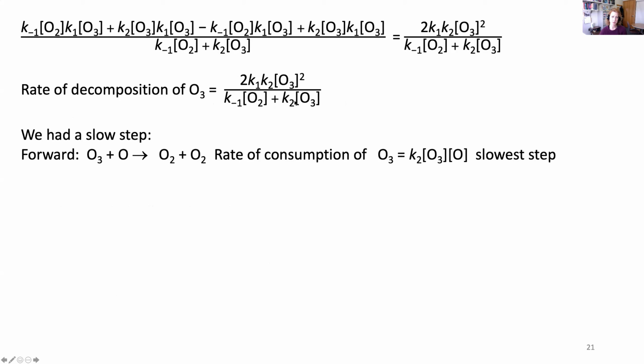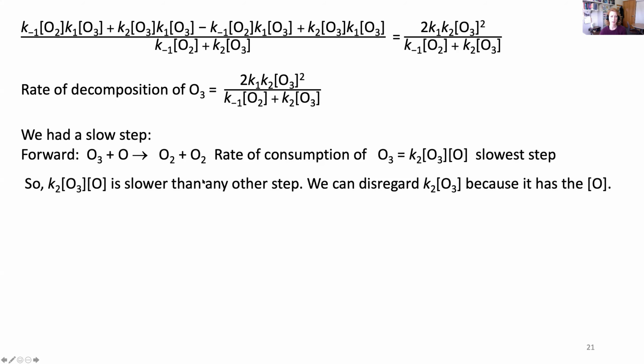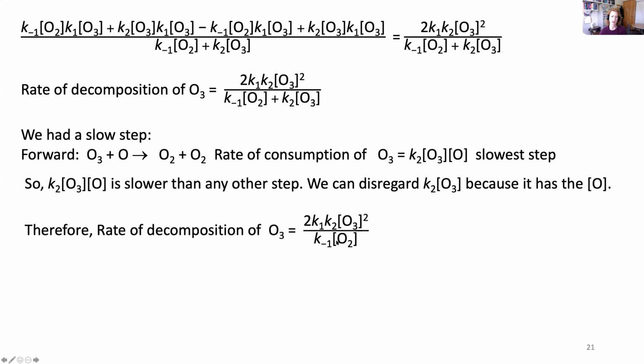My slow step is 2, and therefore that would cancel, and I'd end up with ozone squared over oxygen, based on that being the slow step. So this k2[O3] is very slow, therefore we're going to take that to be 0.